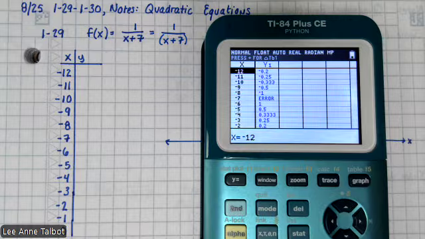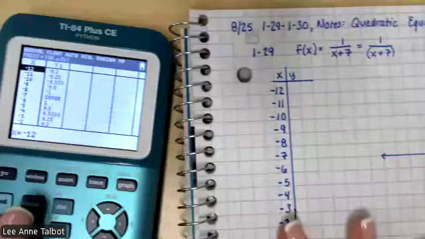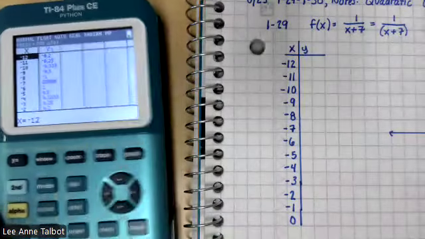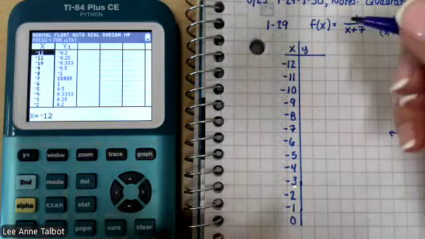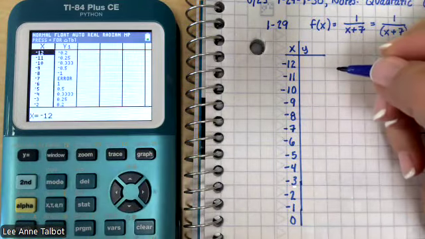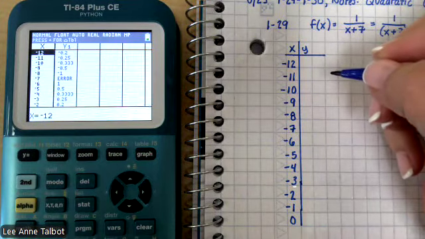How are we doing? Okay, once you get here and get your table, just copy your table down onto your paper, right out of the calculator. We're going to round this to the hundredths place.